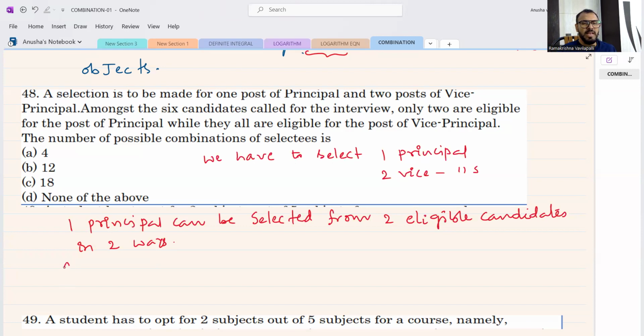So now select 2 vice principals from the remaining 5 candidates.